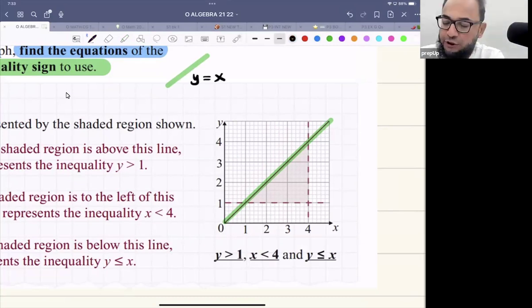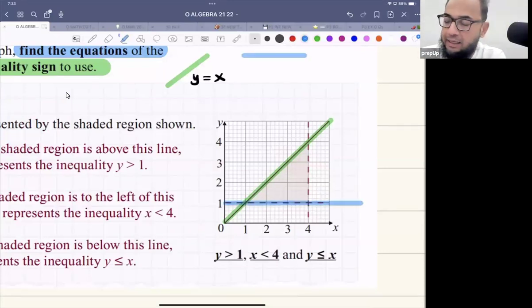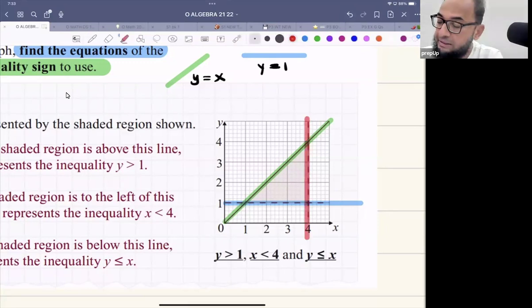Then let me choose another line, the blue line, that is y equals 1. So blue line, that is y equals 1. And then let me choose the red line. Over here, the red one. So the red one is what? That is x equals 4.